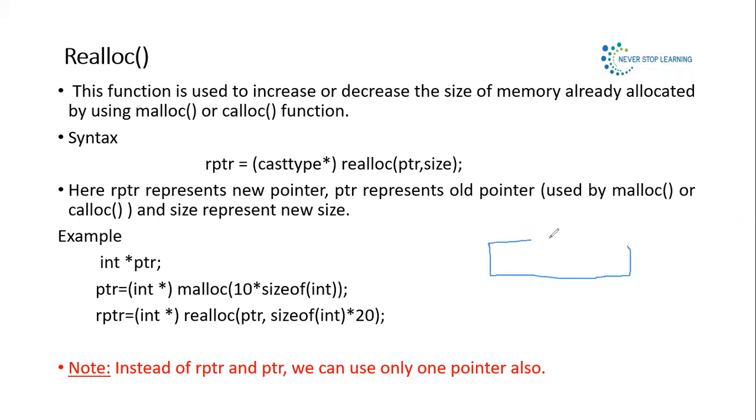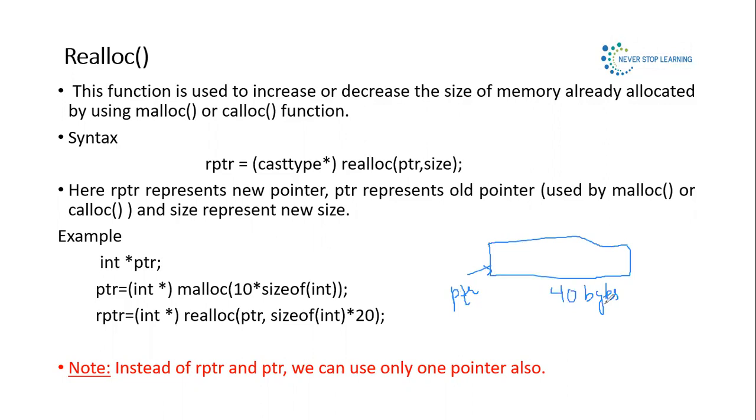And as it's malloc we are using for dynamic memory allocation, a block of 40 bytes will be allocated, and the first address will be pointed to by this variable ptr. So this pointer variable will hold the address of the beginning of this 40 bytes block.